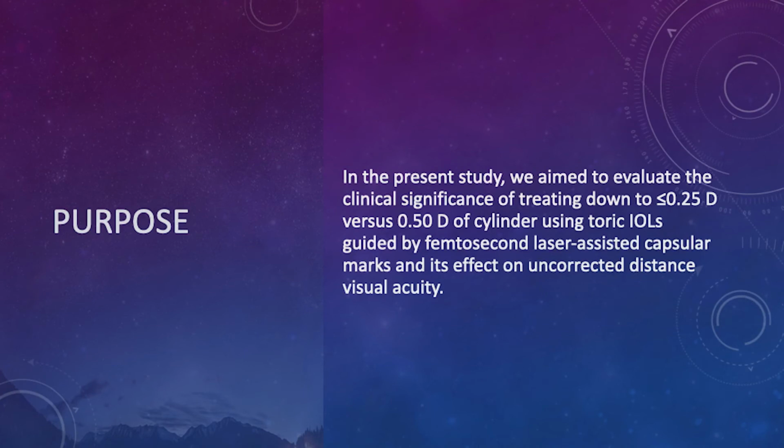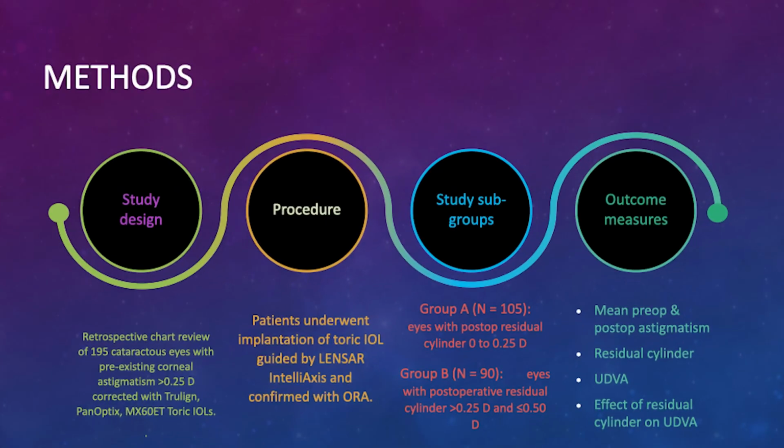So the purpose of my study was to review some cases with different toric lenses to see what the results would be using femto IntelliAxis marks, and to see what the visual results would be at a quarter versus a half. So this was my study design.